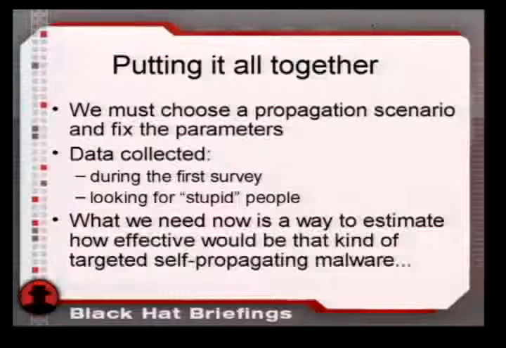And actually, we use the data that we collected during the survey, looking for these stupid people, which in fact are the largest percentage of the devices that we can consider vulnerable, because a user that accepts a data transfer is considered vulnerable.